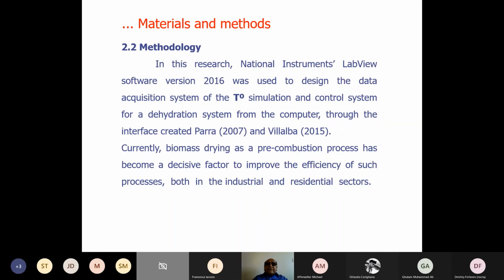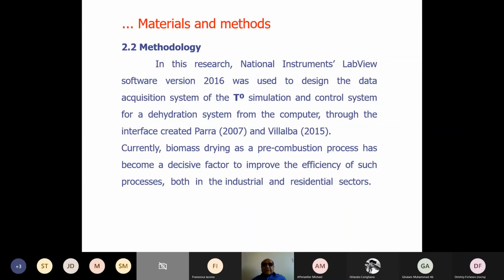In this research, National Instruments LabVIEW software version 2016 was used to design the data acquisition system of the temperature simulation and control system for the dehydration system from the computer.